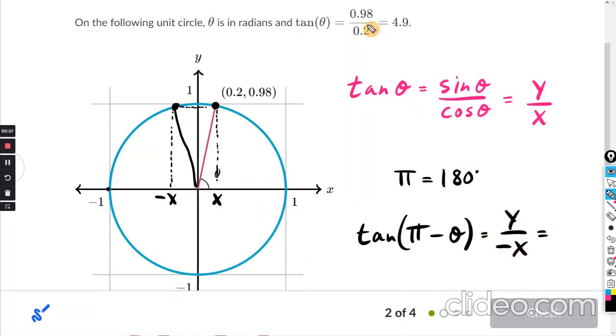We see that that is just the negative of the original. Y divided by negative x is the same as negative y over x. In the original, it was 4.9. But now, since it's negative, it's just going to be negative 4.9.